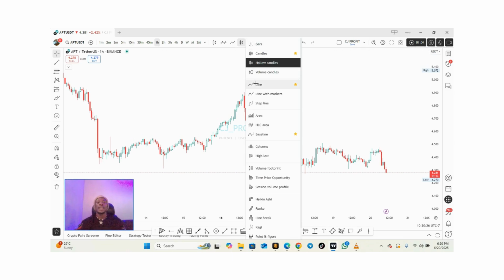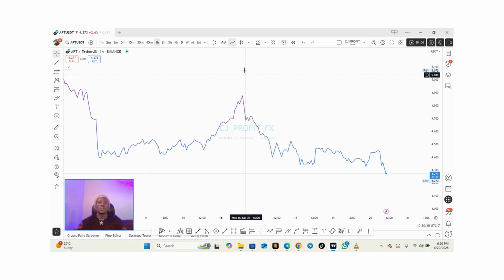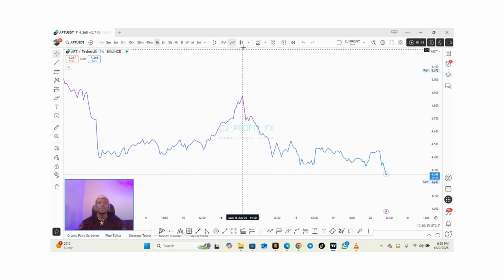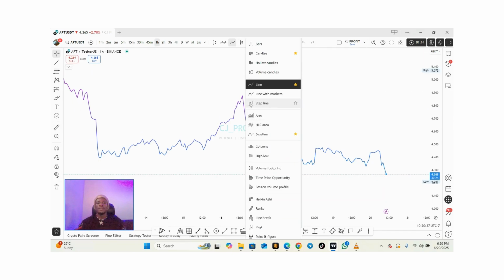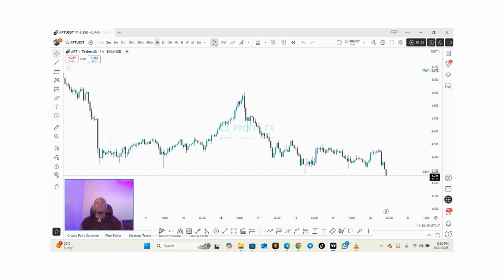We have lines. We have the volume candles. Also, we have the step lines. Use any one you want, but in general we accept candlesticks.